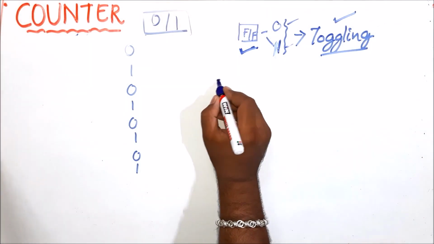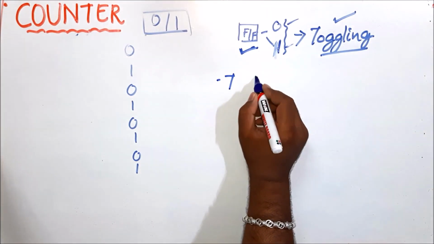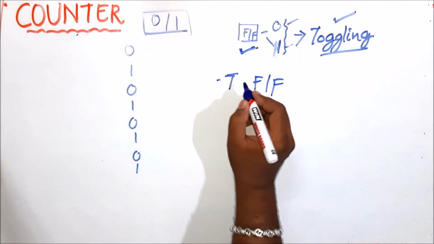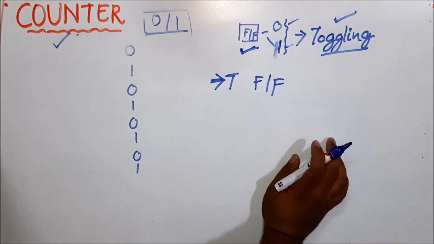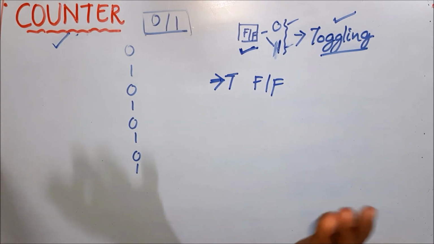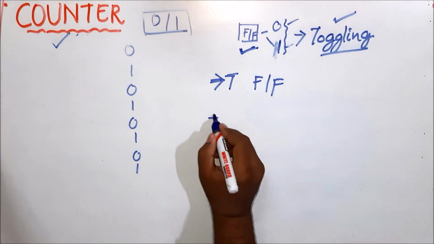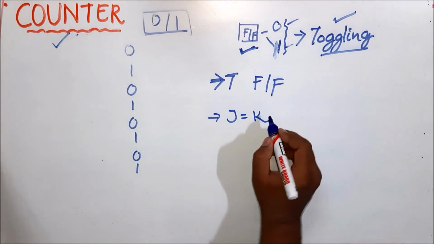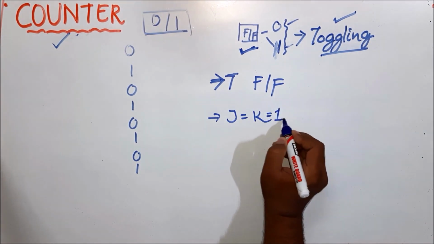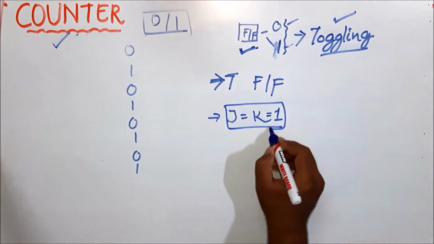So we can use the T flip-flop, which is called the toggle flip-flop, to design the counter. And also we have a perfect match in JK: when J is equal to K is equal to 1, we will have a condition called toggling.